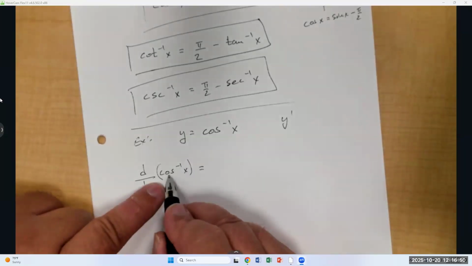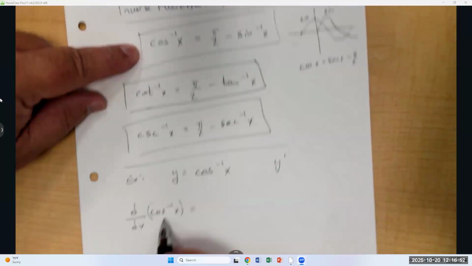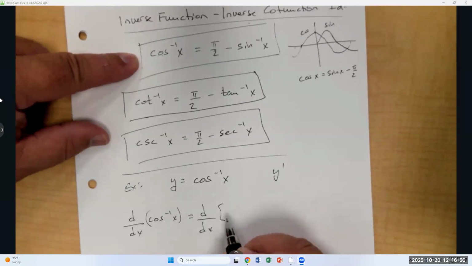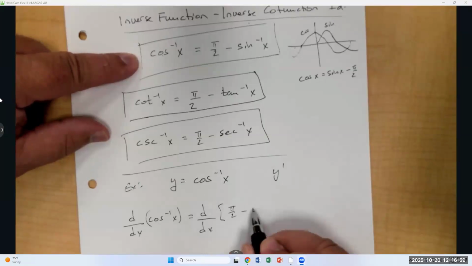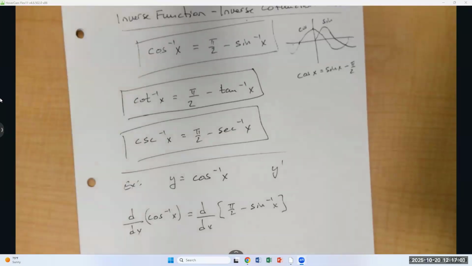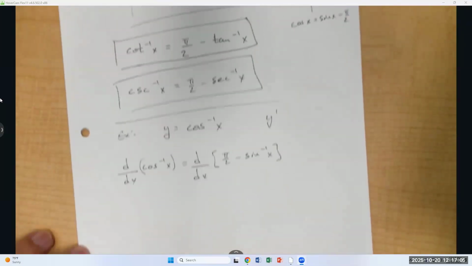We can rewrite the inverse cosine as pi over 2 minus sine inverse of x, using the identity.